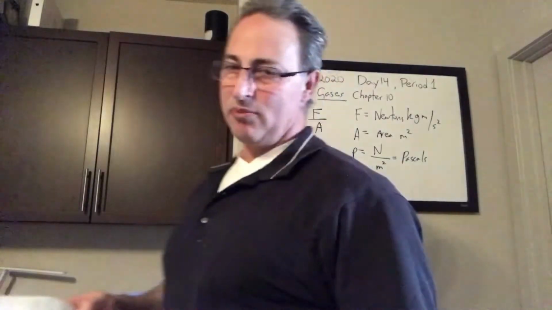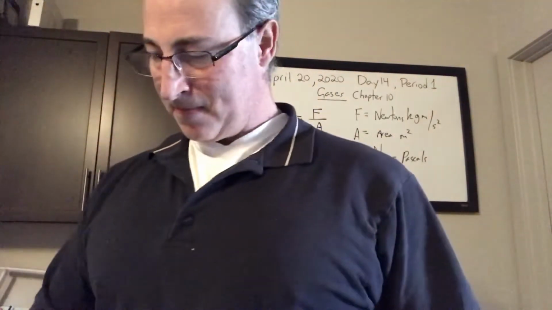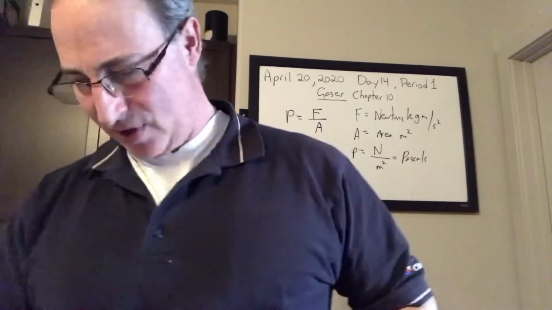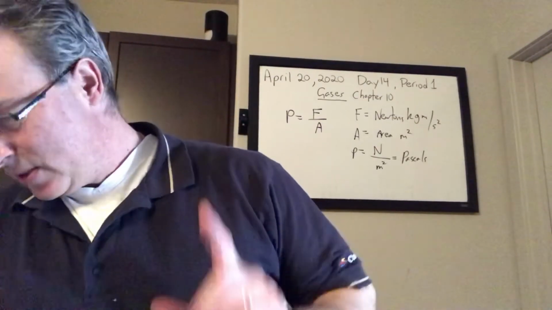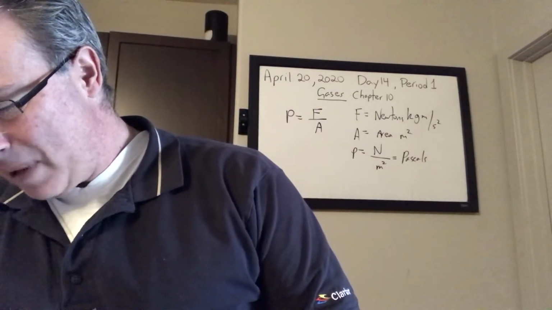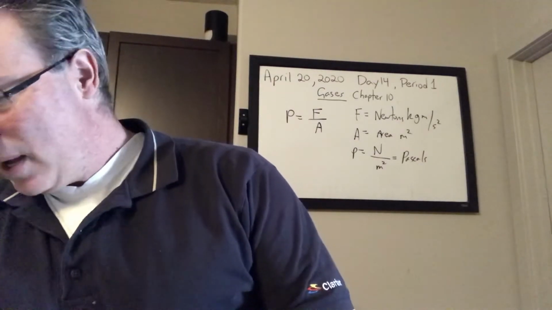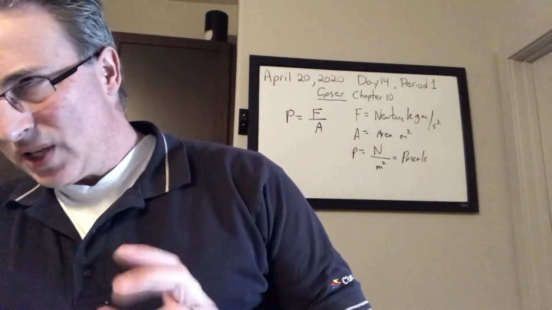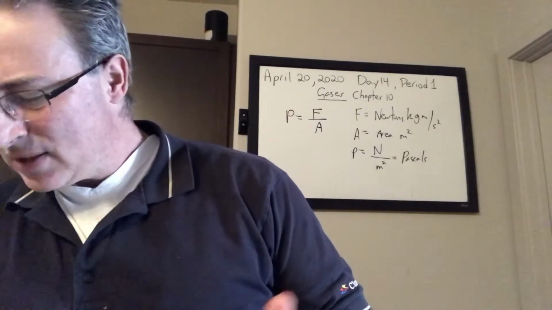The SI unit for pressure is the atmosphere. Actually, don't quote me on that. It's either the atmosphere or the pascal. Well, pascal we know, but when they do calculations of gas pressure, they'll use kilopascals, they'll use pascals, sometimes they use atmosphere.